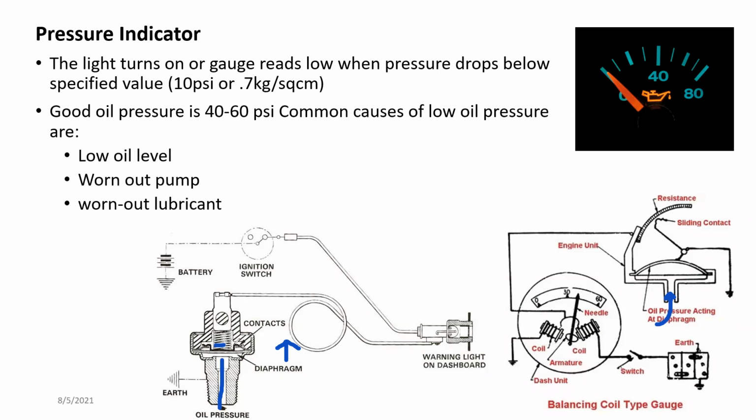But if the pressure is dropping and is not enough to overcome the force acting from this spring, the spring will push back and contact this line, and the light will turn on. That's how this light works. Very simple.